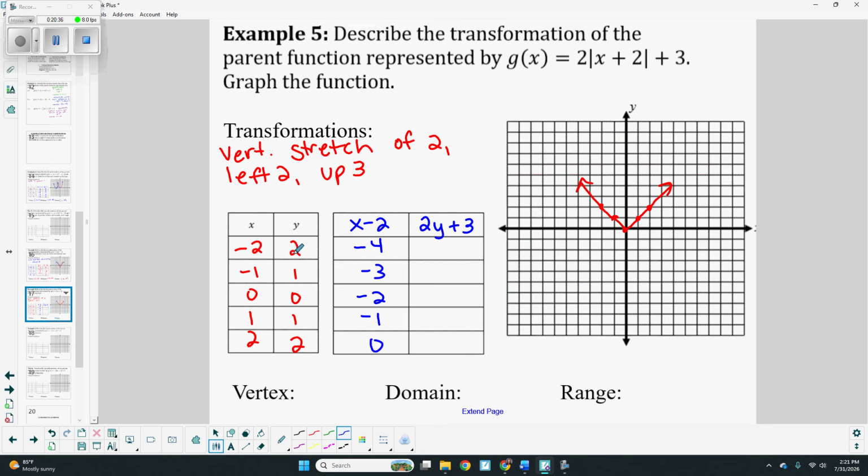So 2 times 2 is 4, plus 3 is 7. 2 times 1 is 2, plus 3 is 5. 2 times 0 is 0, plus 3 is 3, 5, 7. So we're going to have -4, 7, -3, 5, -2, 3, -1, 5, and 0, 7.